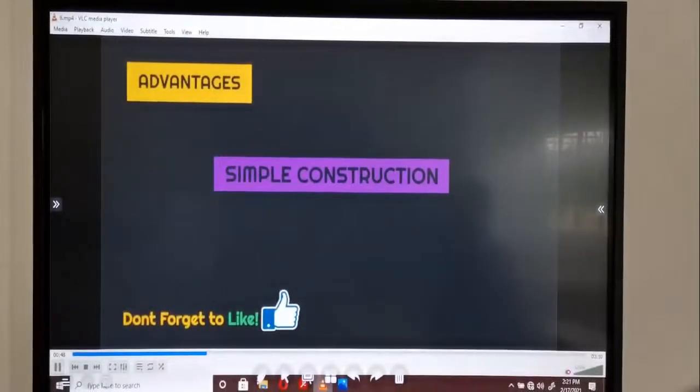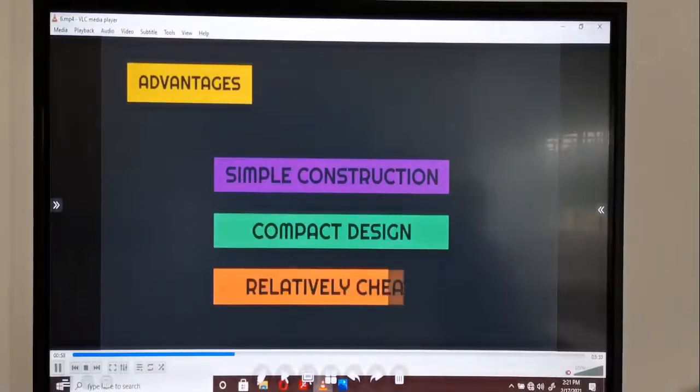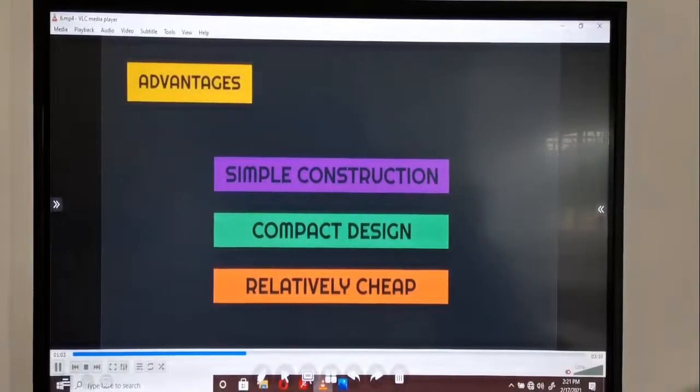Advantages: simple construction, compact design, relatively cheap. This is cheaper than the wishbone type suspension.